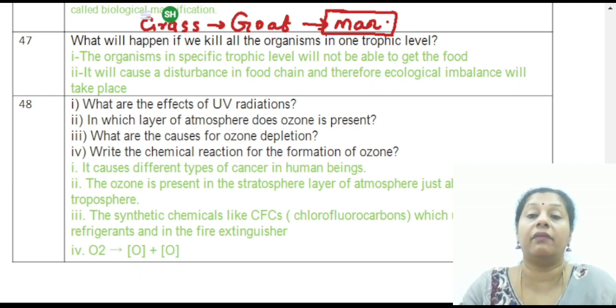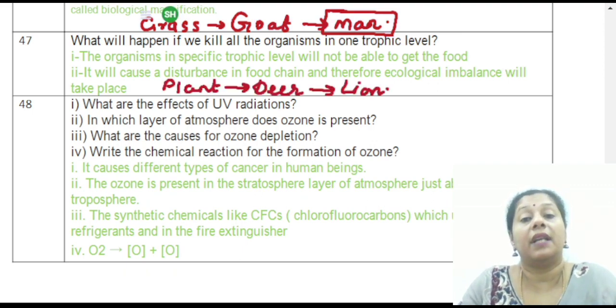We might think that if goat is not there we have other choices, but imagine if it is a carnivore, definitely that will be affected. Second, the organisms in a specific trophic level will not be able to get food, so whatever comes after that will not get it, and it will cause a disturbance in the food chain, and therefore the ecological balance will be disturbed. The reason is, suppose in this case you remove the lion, imagine the deer population will increase because there is no predator for them. So that will affect the balance of nature.